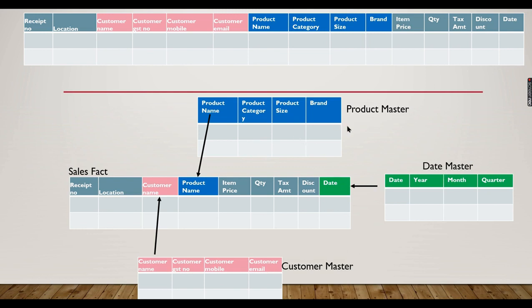This master information becomes your dimension, and your fact is nothing but your transaction table, which contains a reference to your master information along with your measures or facts. So this is the base understanding of star schema, the core concept behind creating a star schema.